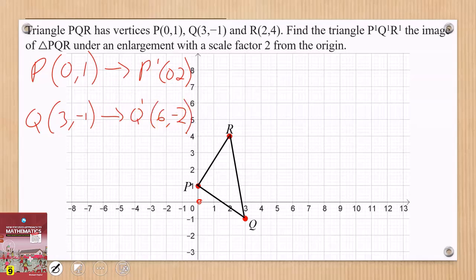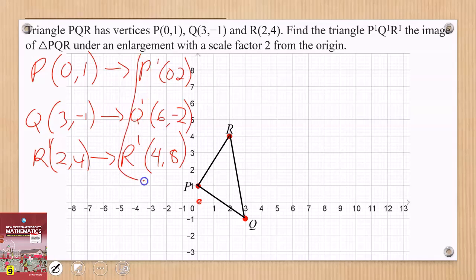I hope you are getting it. And if R is (2, 4), its image R prime becomes (4, 8), using a scale factor of 2. And so we are going to plot these three points and see how the image is going to look.